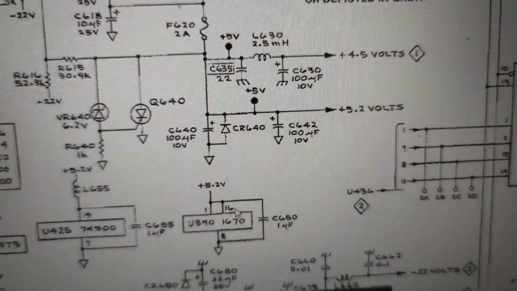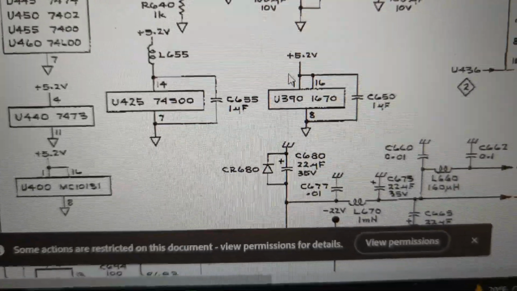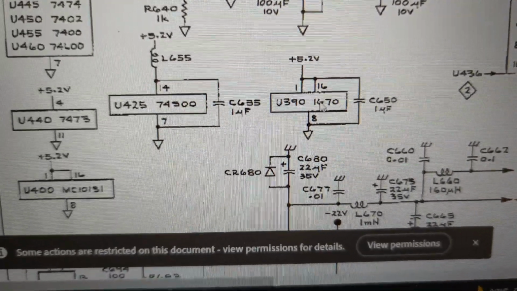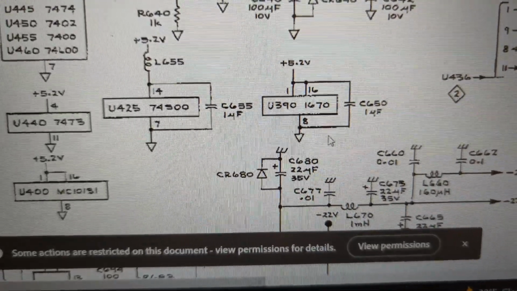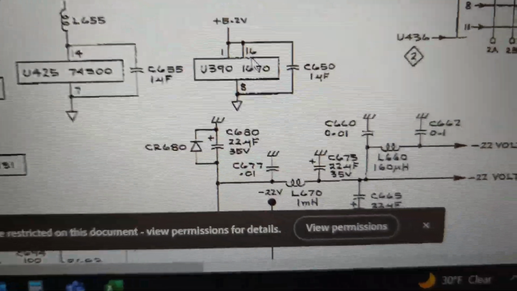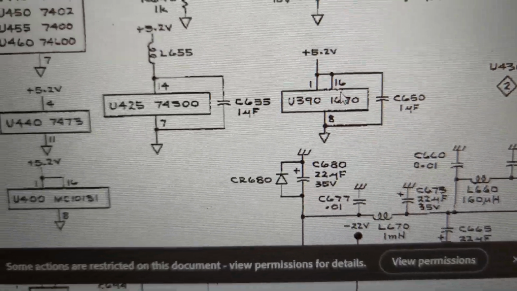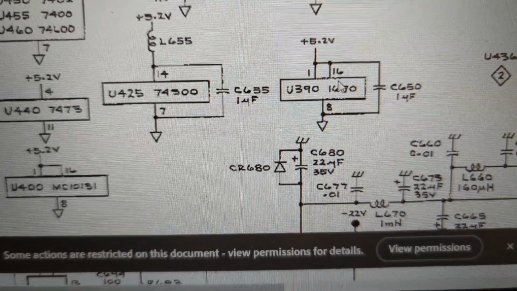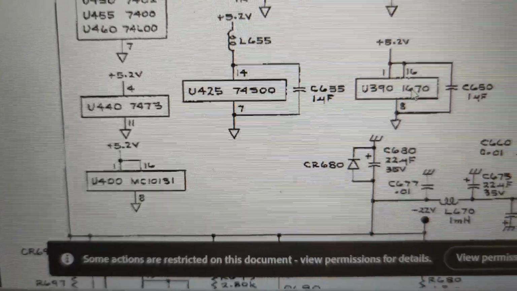After all of that, it seems to me that it's possible that it must be something elsewhere that's loading down the rail. Now there are more capacitors. I'm not sure if these are tantalum caps or not.